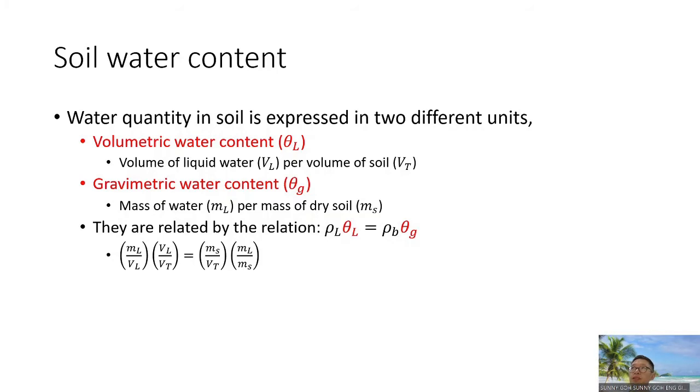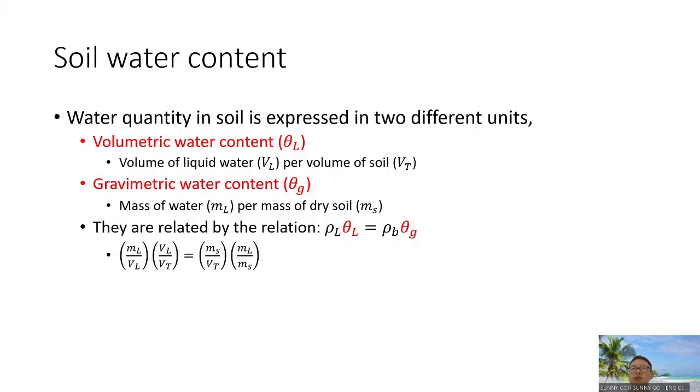Okay, so now let us look at the soil water content. Water quantity in soil is expressed in two different units: the volumetric water content and the gravimetric water content. The volumetric water content is equal to the volume of liquid water, V_L, per volume of soil, V_T, where V_T is the total volume of the soil.